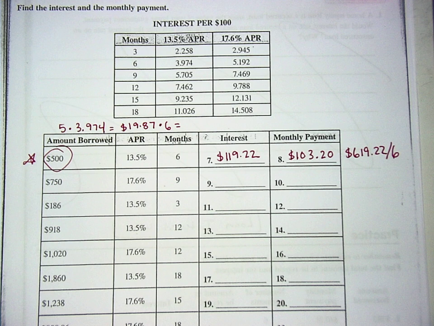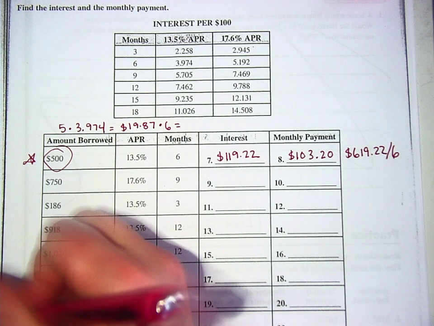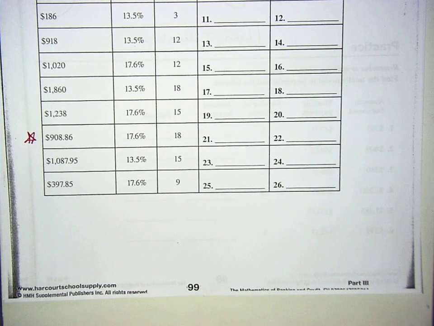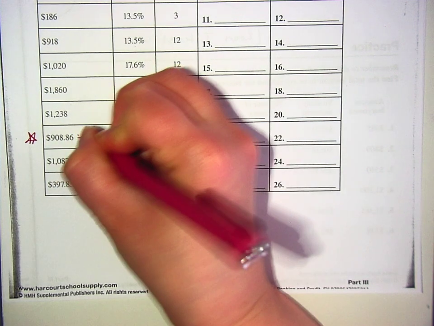All right, let's pick another one to do, because that was a little confusing. How about this one? I'm going to go down to this $908.86. All right, how do I figure out how many hundreds that is? Right, so everybody in your calculator right now, divide this by 100.